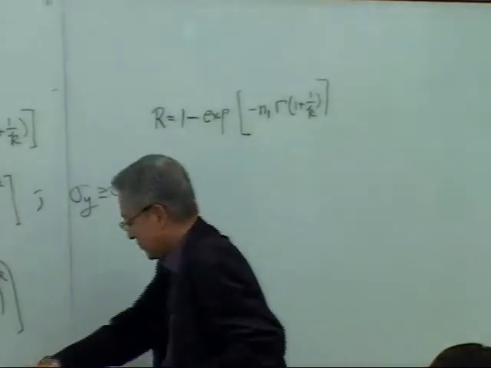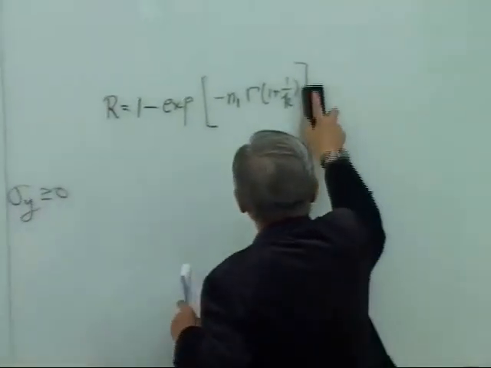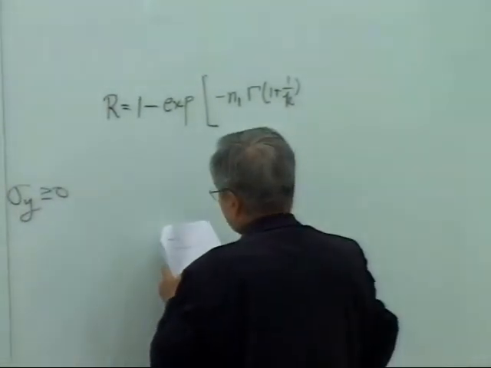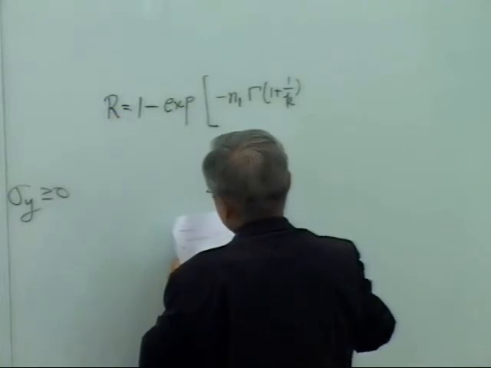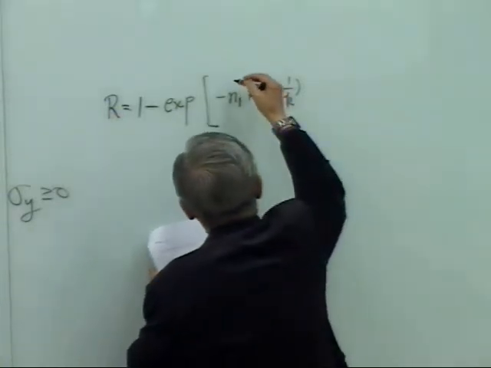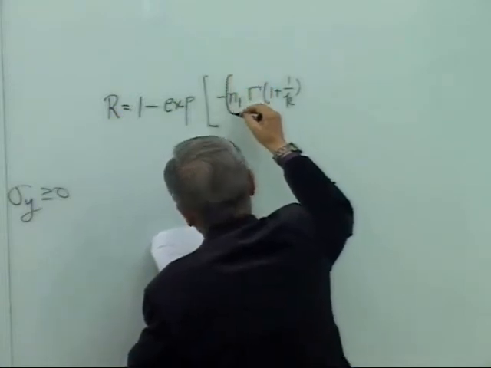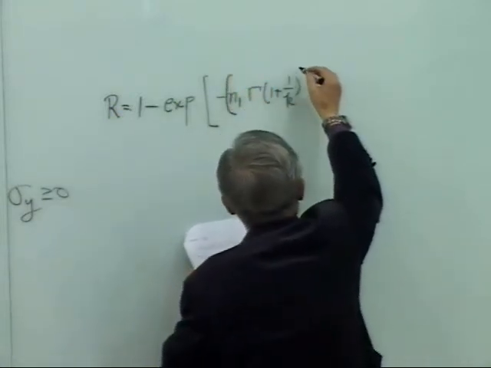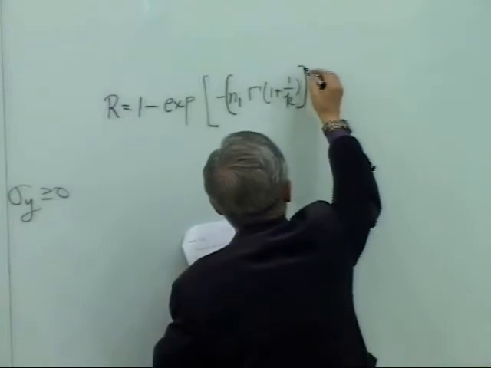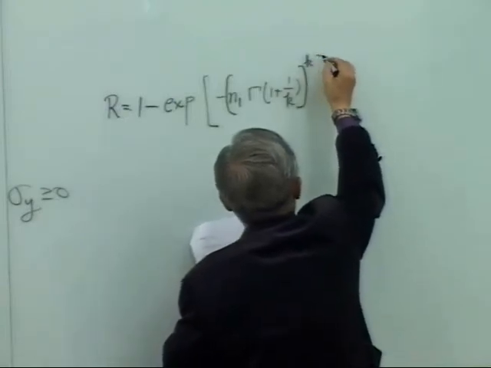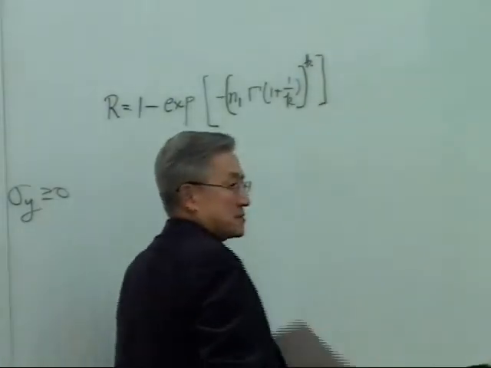You have to be careful because there is a number of brackets here. K is here. This is the correct expression.